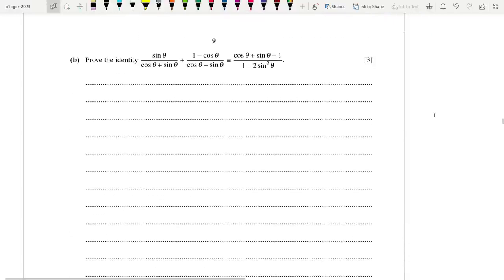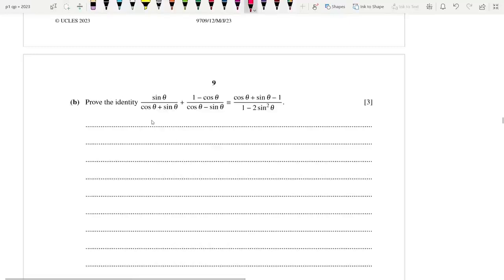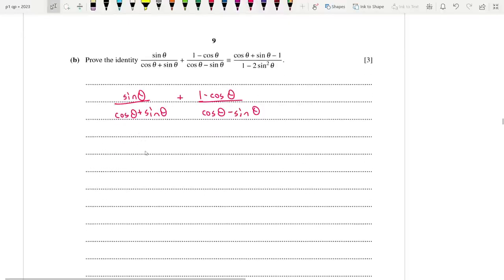Now prove this identity. Let's do it. Sin theta divided by cos theta plus sin theta, plus 1 minus cos theta divided by cos theta minus sin theta, has to be the same as the one on the right. So typically we start with LCM.